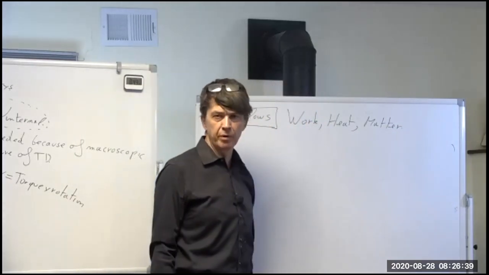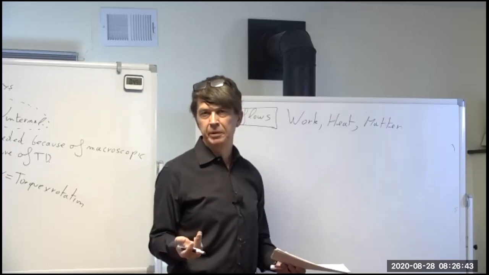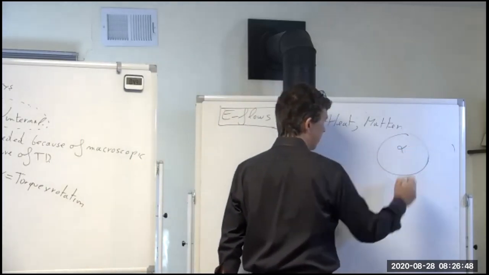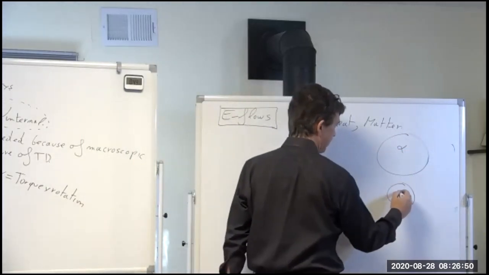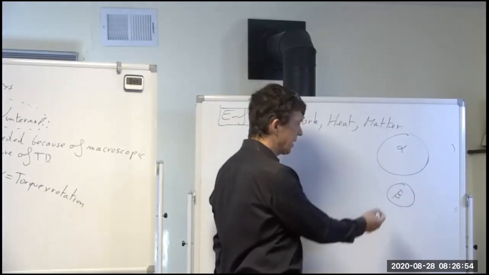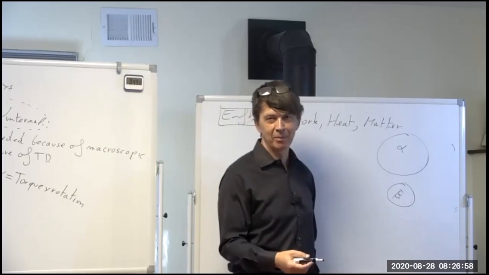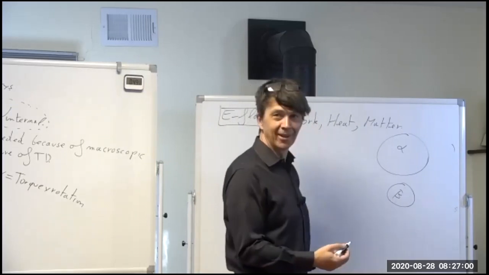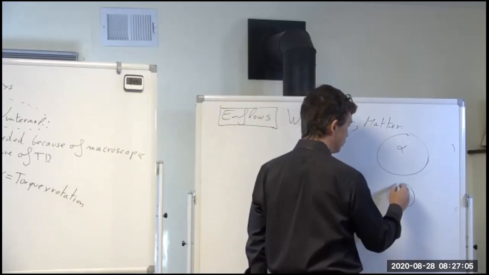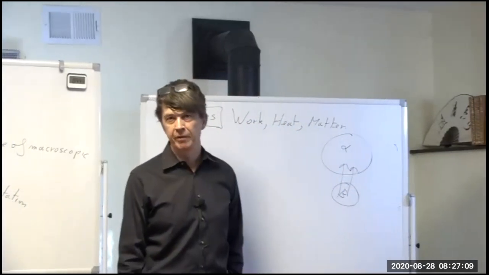Matter is sort of the trivial one because transferring energy as matter is simply the joining of systems, right? If I have a system I'll call alpha and I have beta, alpha could be my car and beta could be gasoline, except I have a plug-in hybrid, so it's often electricity. But if I fill my car with gasoline, I'm basically just joining beta into alpha, but that is a transfer of energy.